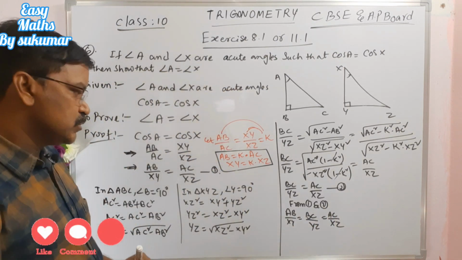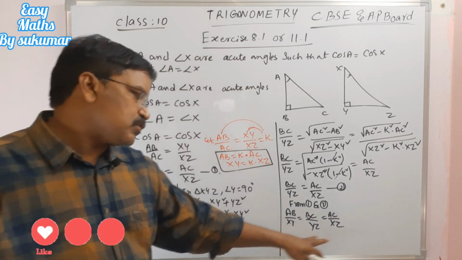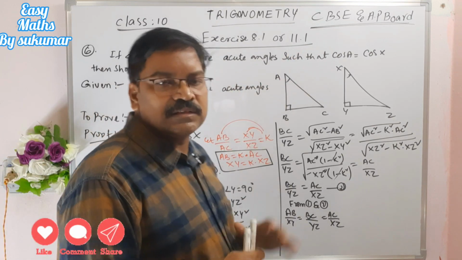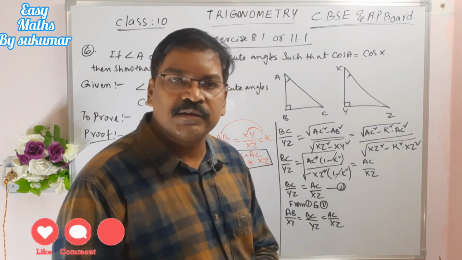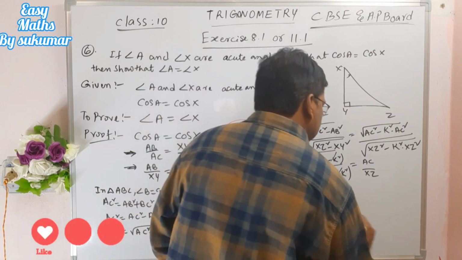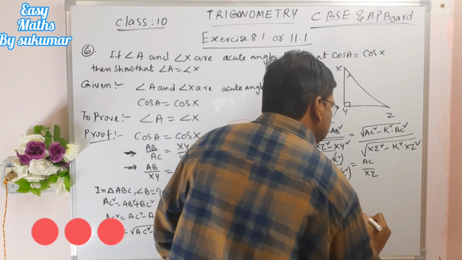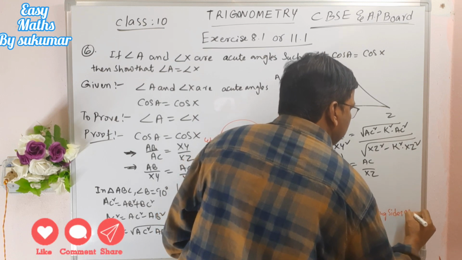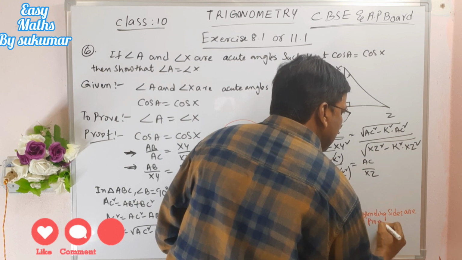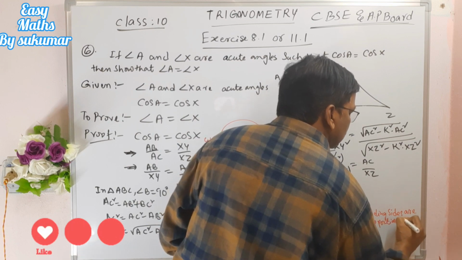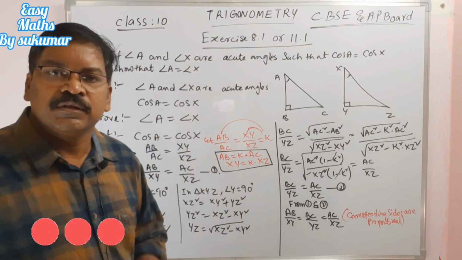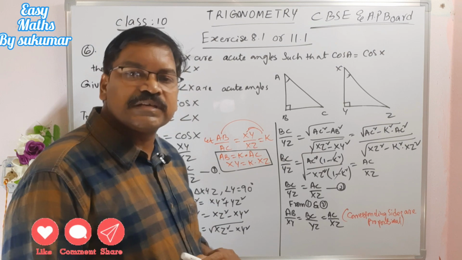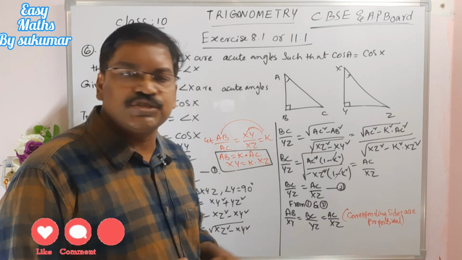That means in these two triangles, the corresponding sides are proportional. Proportional means having the same ratio. Therefore, my dear students, we can say triangle ABC and triangle XYZ are similar to each other.